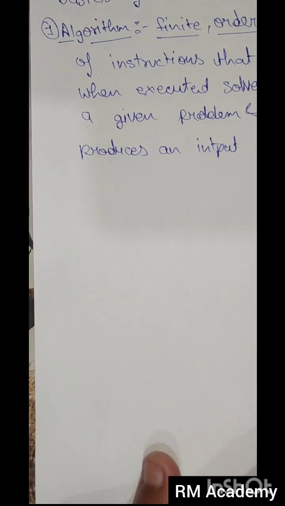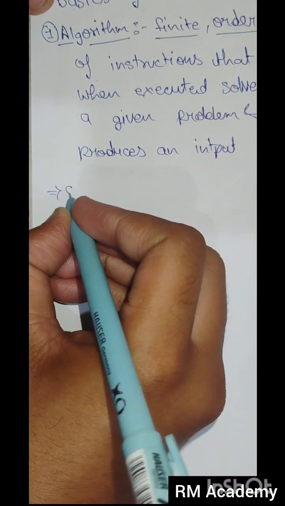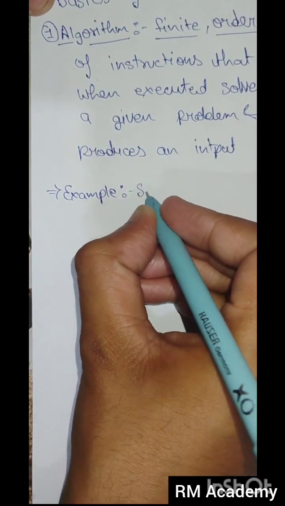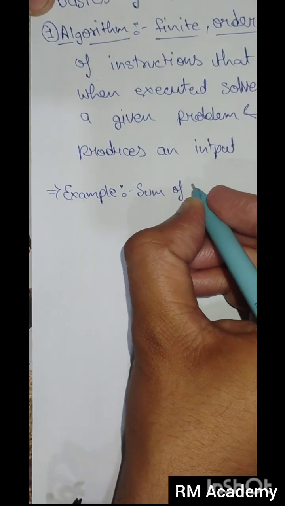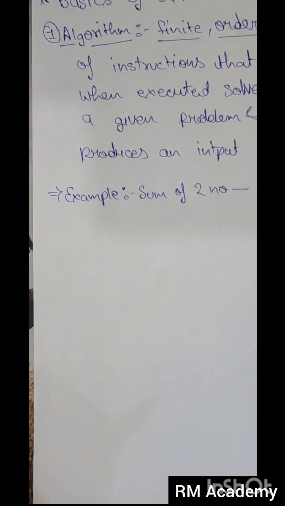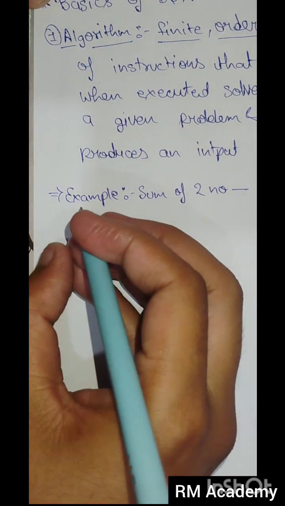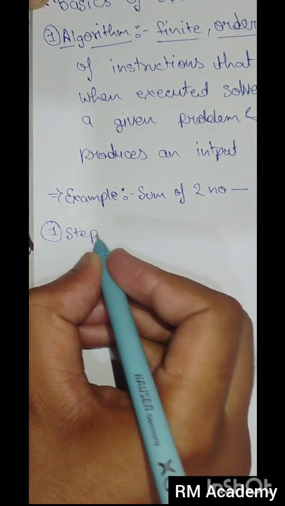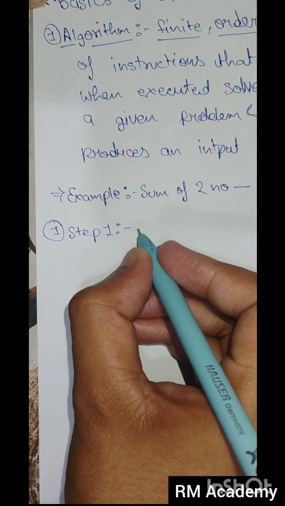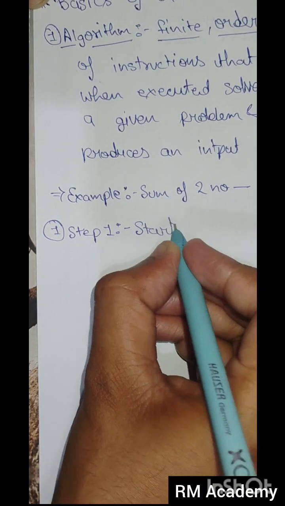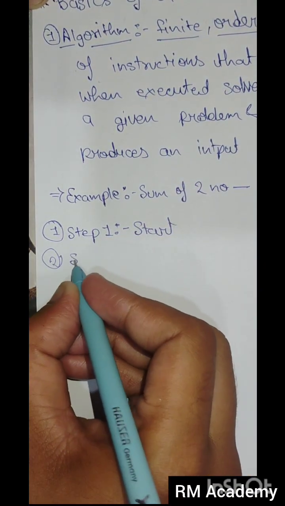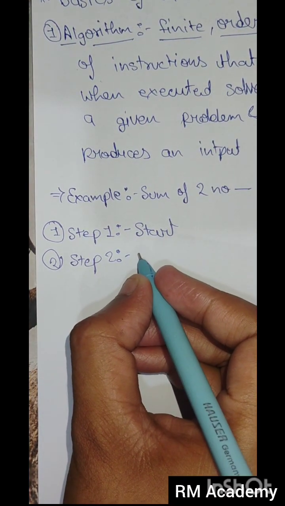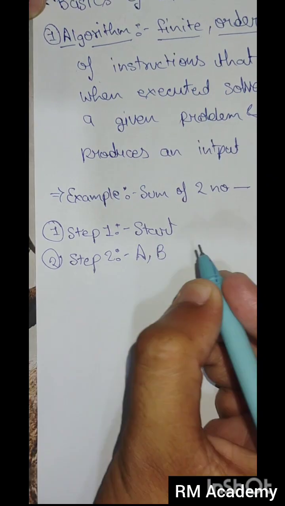Okay. So next we'll take an example, sum of two numbers. Here I will tell you how we write an algorithm. Step one, we will start. Step two, we have to take two variables a, b.